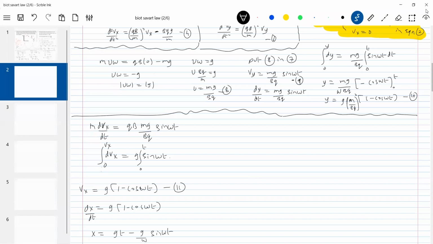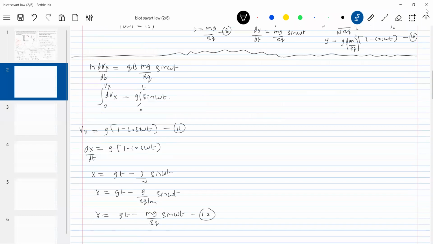Here also one omega will come. After integrating, we'll end up with one omega, omega square. So this will be again G by omega. I'll erase it. We'll rewrite this one. Dimension should match, no? Yeah.